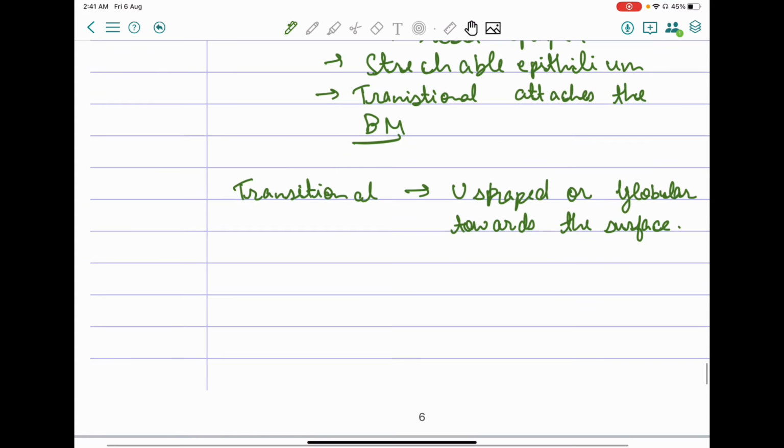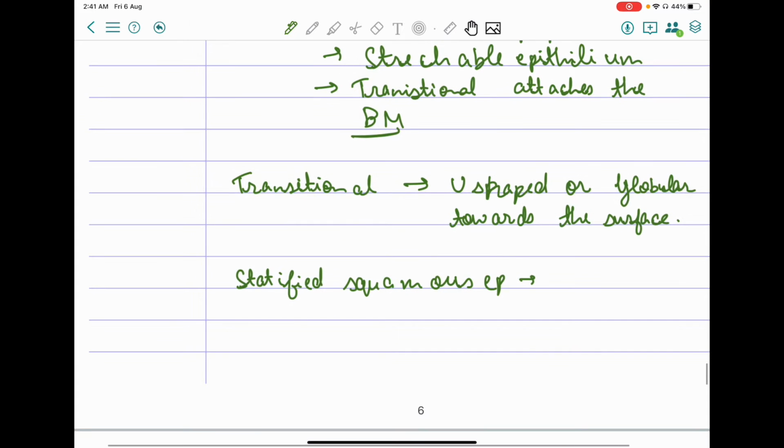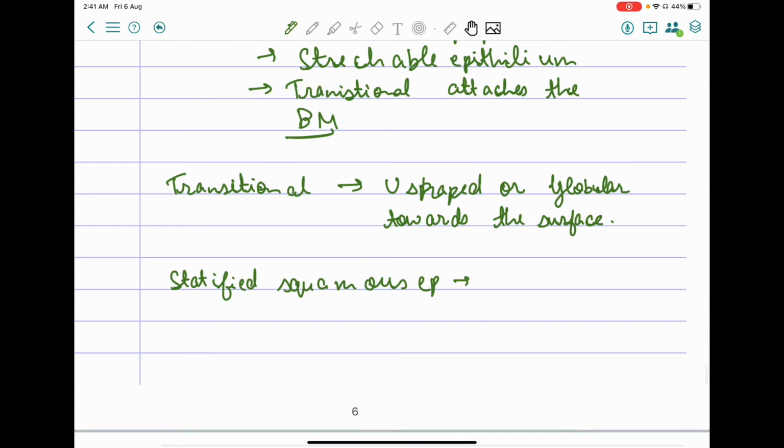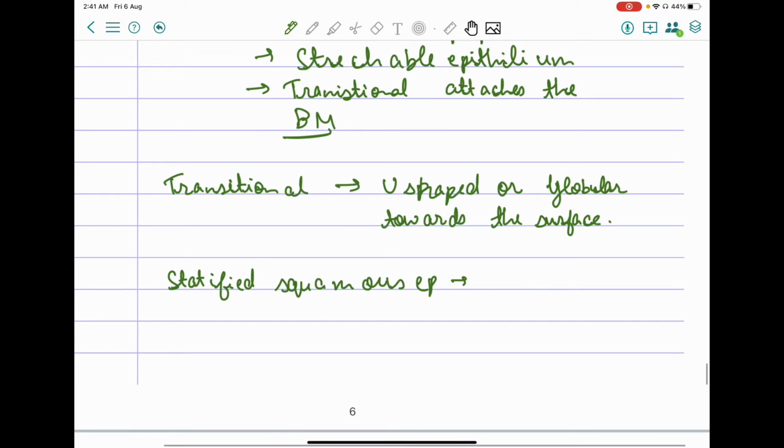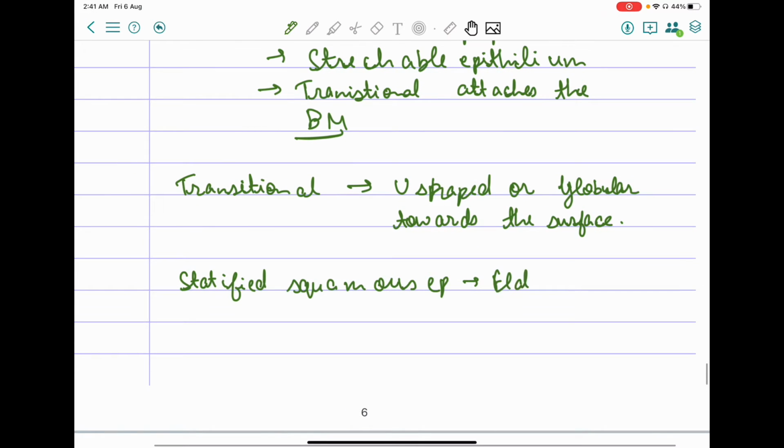Now, what about stratified squamous? What type of cells do they have? I told you, on the superficial layer, flat cells towards the surface, in the middle there will be cuboidal, and at the basement membrane there will be columnar.